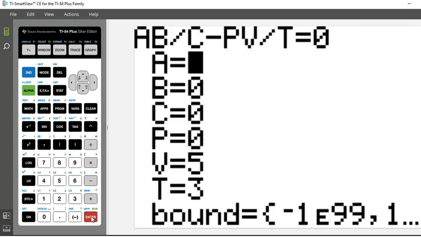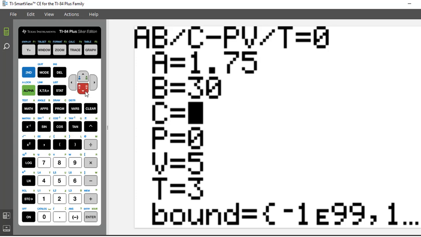Then I press enter. They will ask you for the variables. You will put A is 1.75. For B, it's 30. For C, that's 313.